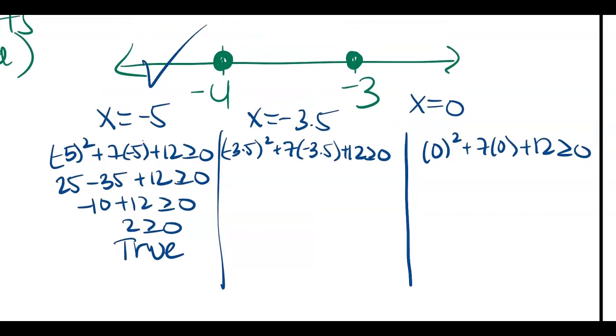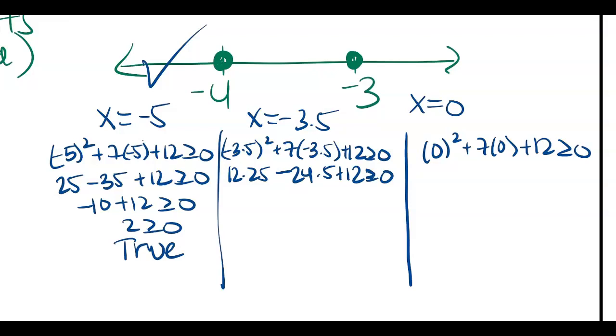For negative 3.5, negative 3.5 squared is going to give me 12.25. 7 times negative 3.5 is going to give me negative 24.5, plus 12 is greater than or equal to 0.